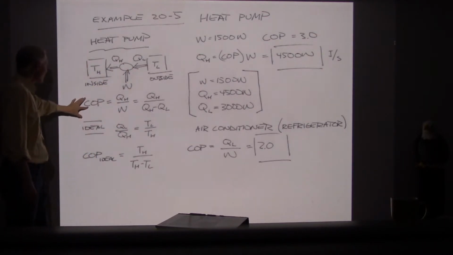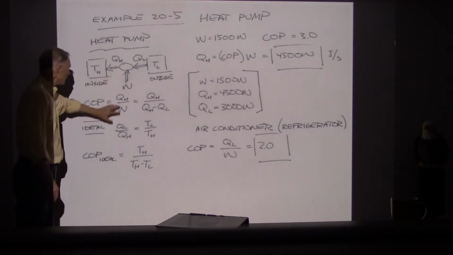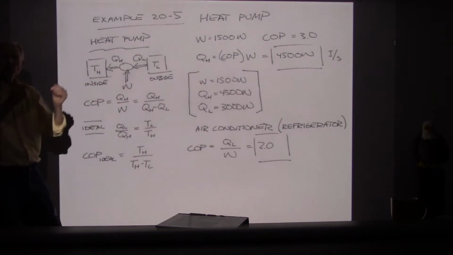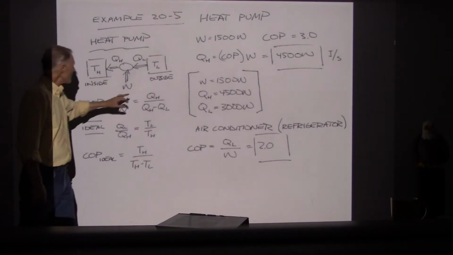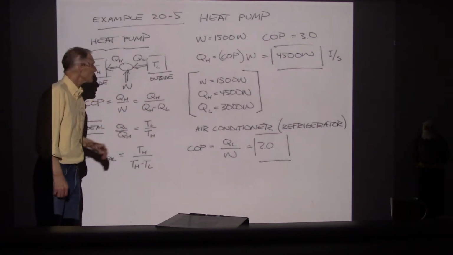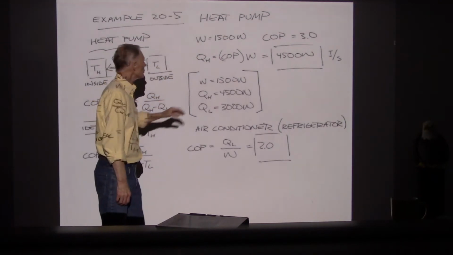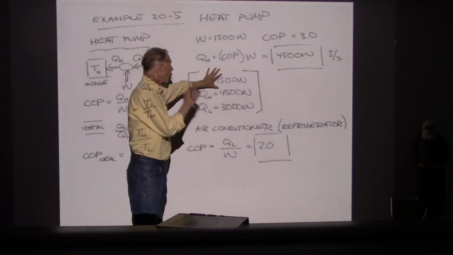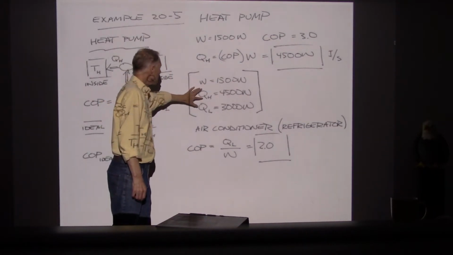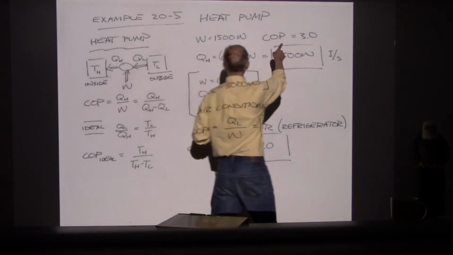And the COP, when it's being used to heat the home, is QH divided by W, because that's what we want. We want as much QH coming into the house. That means the efficiency I can calculate is QH over QH minus QL. The energy we need to operate the compressor is 1500 watts, 1500 joules per second, and the coefficient of performance is 3.